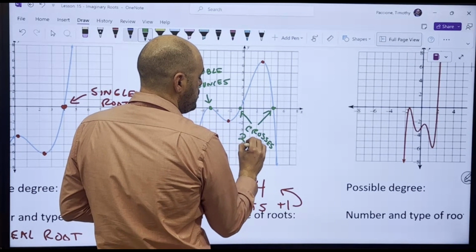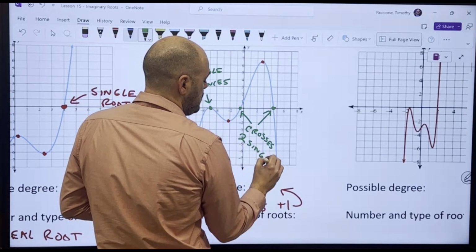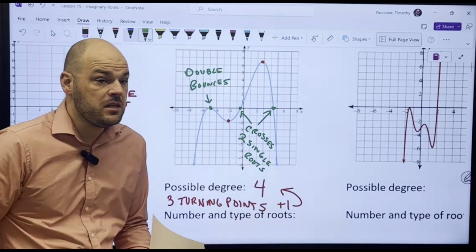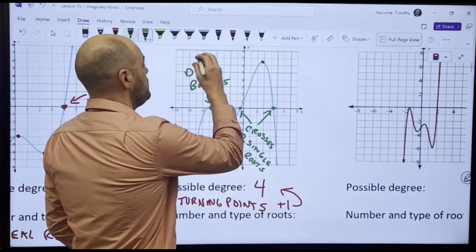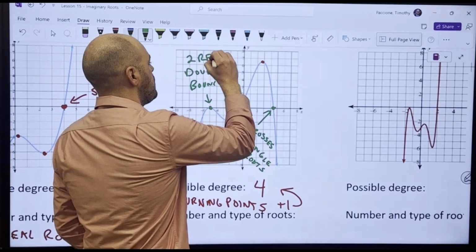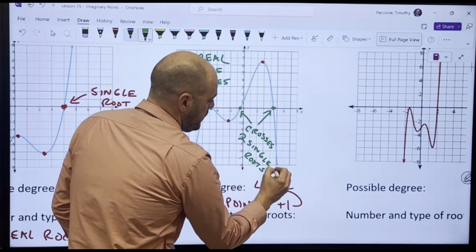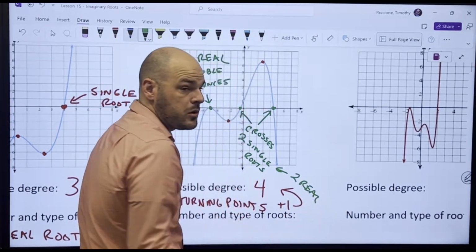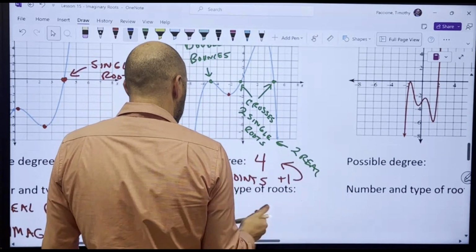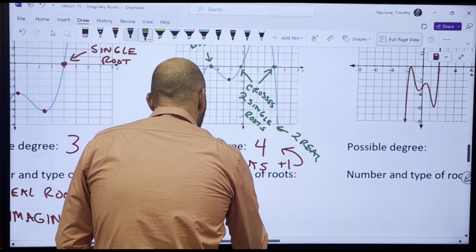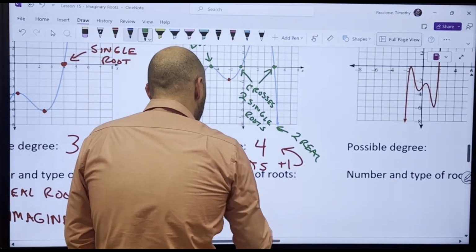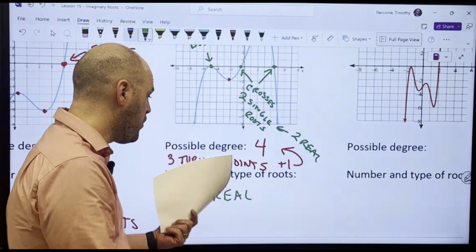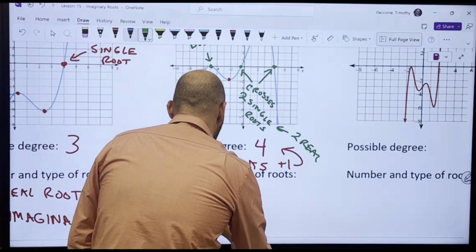So that's two single roots. So think about that. I have two real roots here, and then two real roots here. So that's 4 real roots, right? So the number and type of roots is 4 real, and we've used up all our possibilities, right? The only possible way was to have 4. There's 4 real, so there must be 0 imaginary.